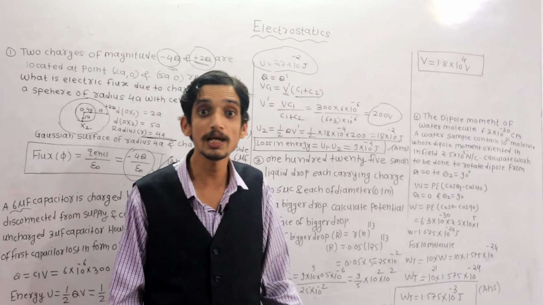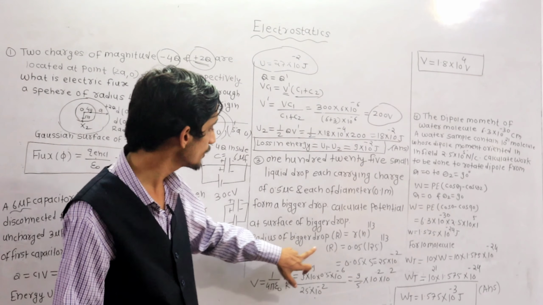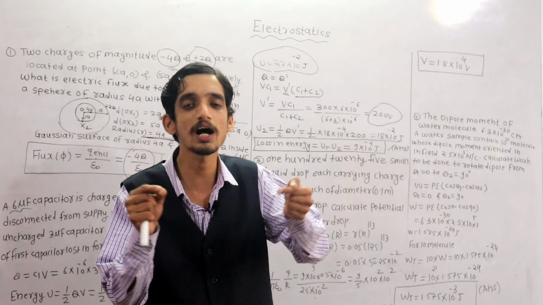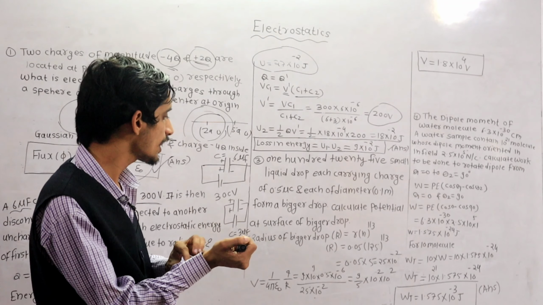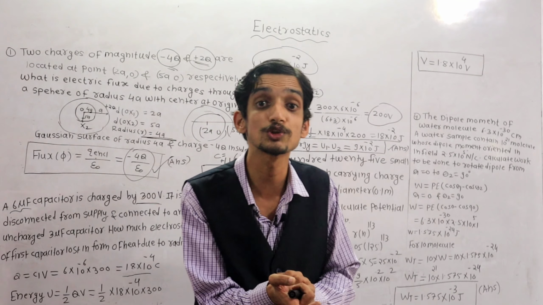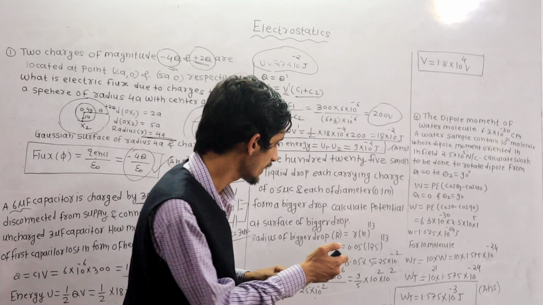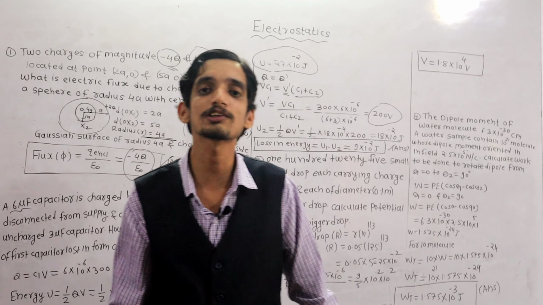Capital R is the radius of the bigger drop, and small r is the radius of the smaller drop. So the radius of the bigger drop, capital R, is equal to small r into n raised to 1 by 3. You have to remember this. This is called the combination of charged drops.